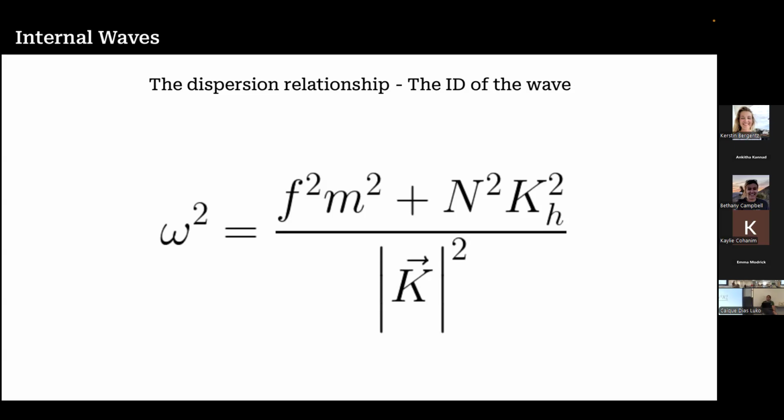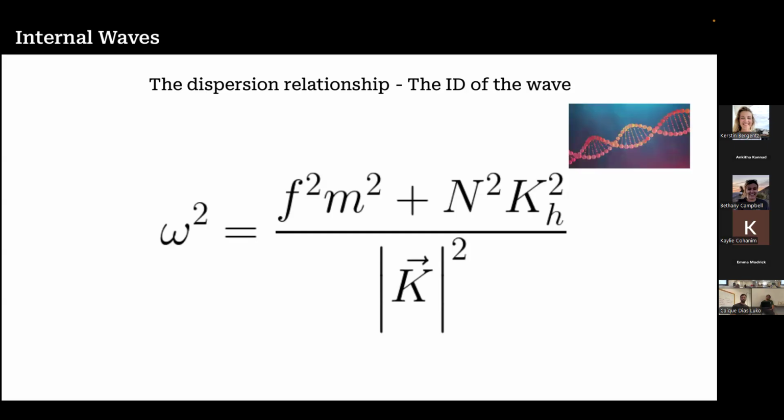This relationship embodies all the physics of internal waves. It tells us a lot. An analogy that I like to make is that this is kind of like the eDNA of the wave. If you go out to the ocean and measure all these parameters, there's only one frequency that corresponds to that combination of parameters.